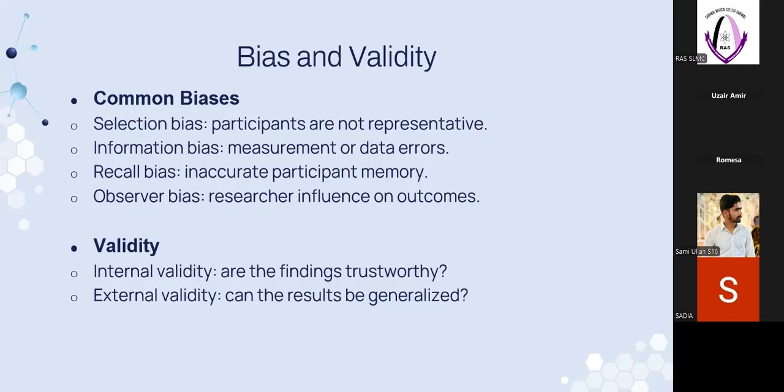Now, what is recall bias? Let's say I was conducting a research on medical students to evaluate their academic performance and the effect of sleep quality before a block exam, number of sleep hours. I conducted the research after the result was announced, probably 1 week after the exam.